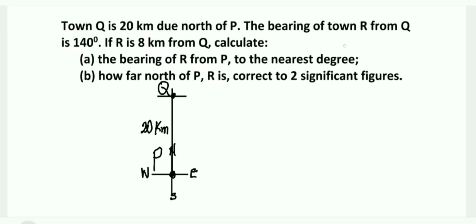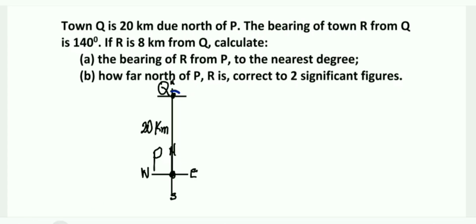The bearing of town R from Q is 140 degrees. Now we're going to start measuring 140 degrees from Q. Remember I told you that this is measured in a clockwise direction from the north. So this is the north of Q, and I will start like this.